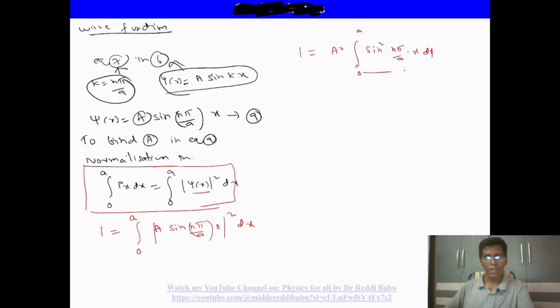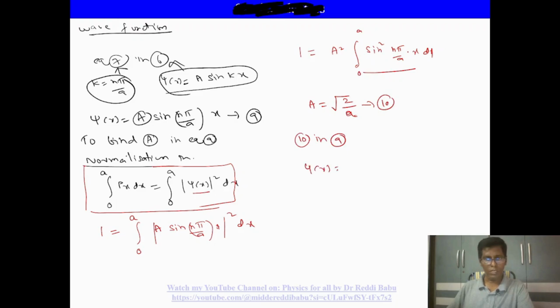Now after simplification of this integration, what I will get? A is equal to root of 2 by a. This is the 10th equation. Now substitute the 10th equation in the 9th equation. What I will get?